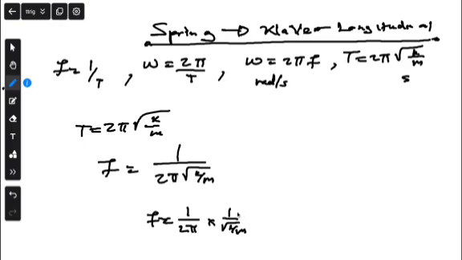Alright. So what we are going to do here, for us to find the frequency, you and I know that to eliminate this one here, it's more like we need to introduce the inverse here, isn't it? The inverse for us to eliminate this, because if we cross multiply here, you're going to find that we are going to have 2 pi then root of m divided by k multiplied by frequency, which is going to be equal to 1.